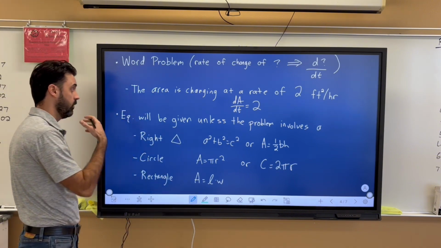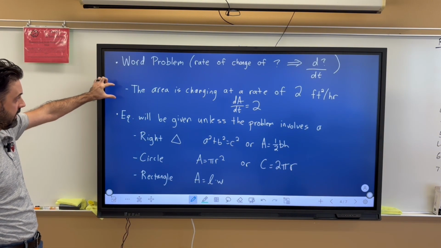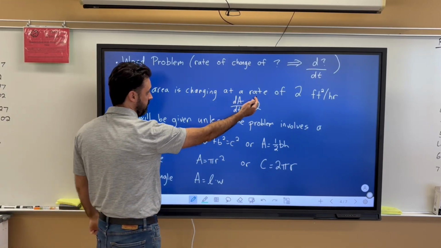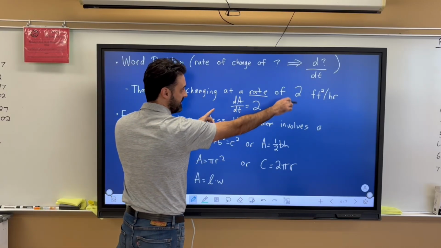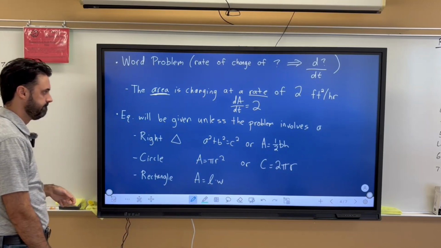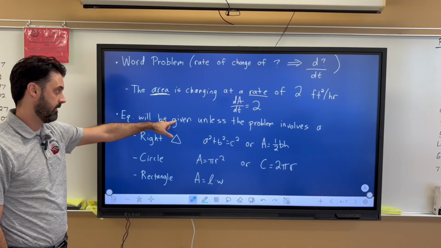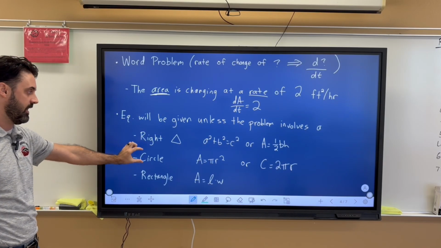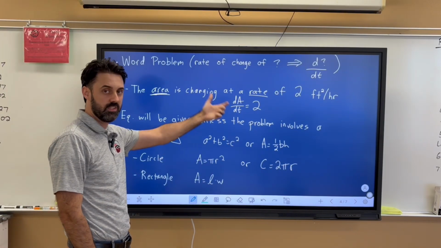All right, so there'll be, again, a word problem. You have to comb through and read and know that if you see something like this, the rate really means derivative. So it's the derivative of that thing with respect to time is that number. Now, in addition to that, a lot of the problems, the equation will be given to you, but there are a few cases where you just have to recognize, hey, based on the shape, I know a formula for this shape.